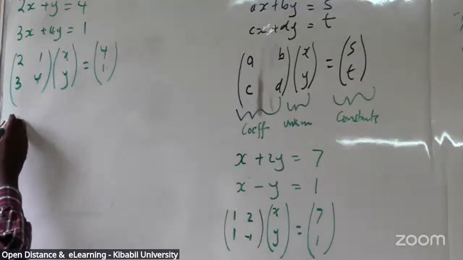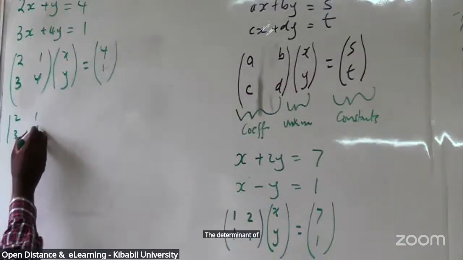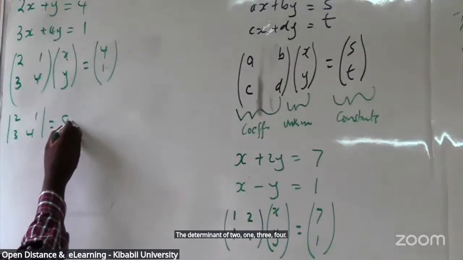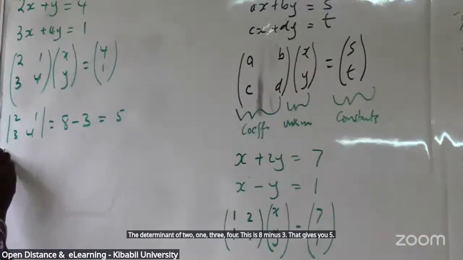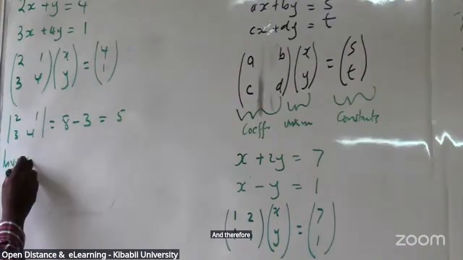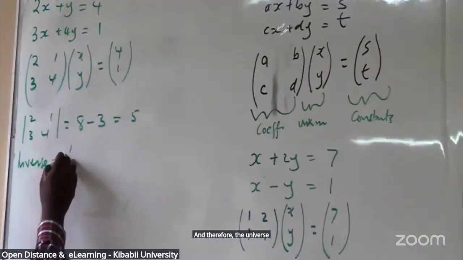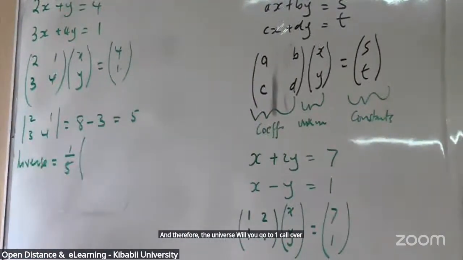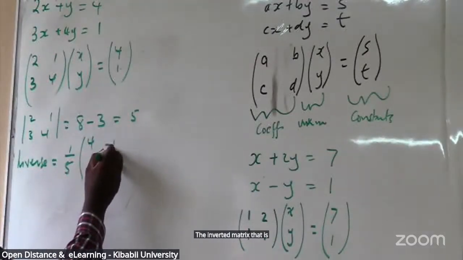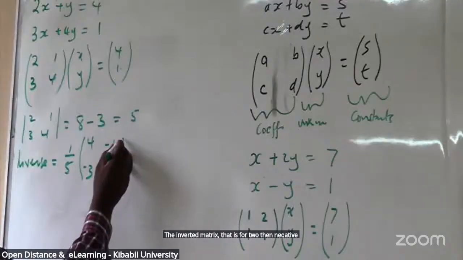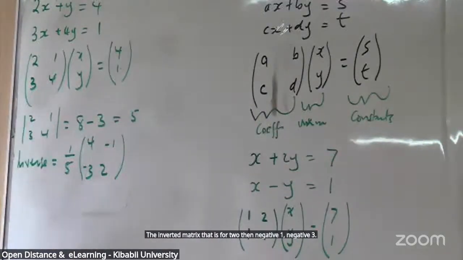The determinant of 2, 1, 3, 4: this is 8 minus 3, that gives you 5. Therefore, the inverse will be equal to 1 over 5 times the inverted matrix, that is 4, negative 1, negative 3, 2. That's the inverse.